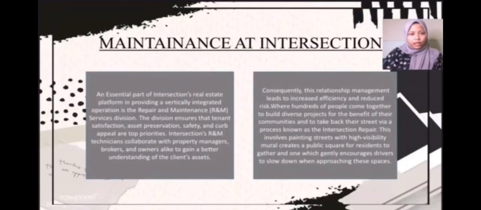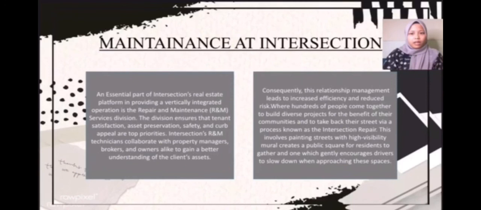Okay, for the last one, I will explain about maintenance at intersections. An essential part of Intersection's real estate platform is providing a vertically integrated operation in the repair and maintenance (R&M) service division. The division ensures that tenant satisfaction, asset preservation, safety, and curb appeal are top priorities.